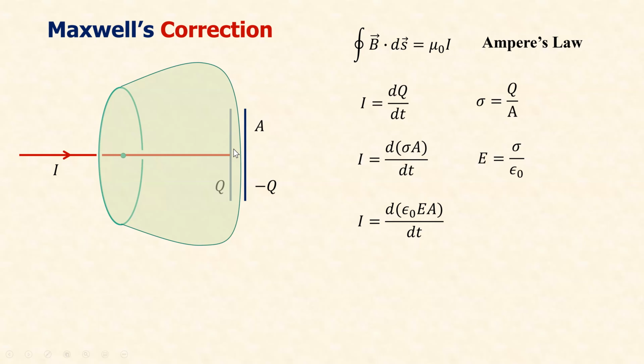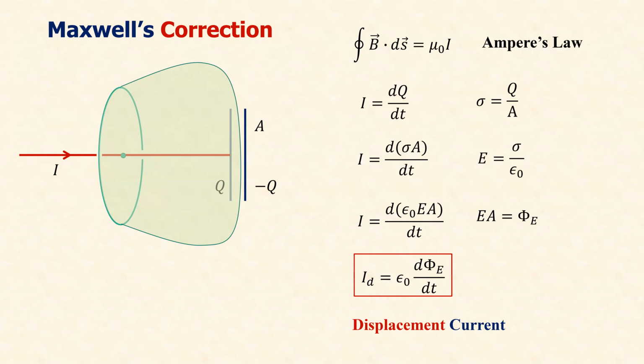The electric field in here times the area is the flux of electric field through this surface. So we can write E times A equal to phi E, flux of electric field, and we can take the epsilon naught outside, and write this as epsilon naught, rate of change of flux of electric field through this surface.